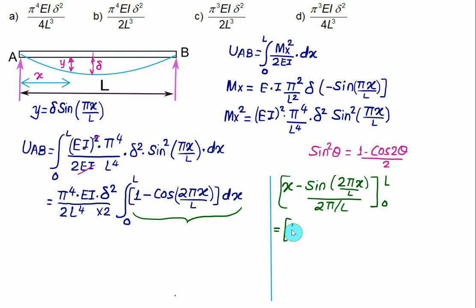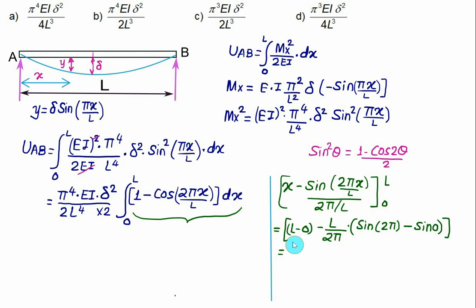So we have the first term as L minus 0. Then we have minus L in the numerator divided by 2π into sin of x equal to L. L and L cancel. We have sin 2π, that is sin 360, that is equal to 0, minus again sin 0, that will be again 0, and the bracket closed.